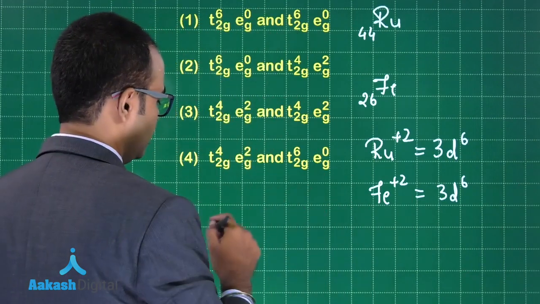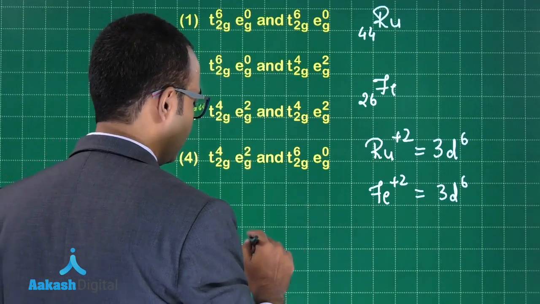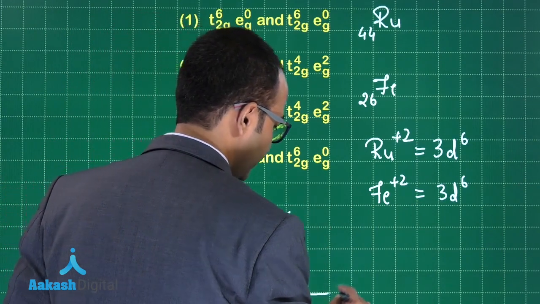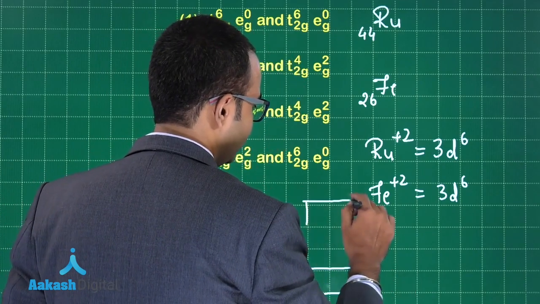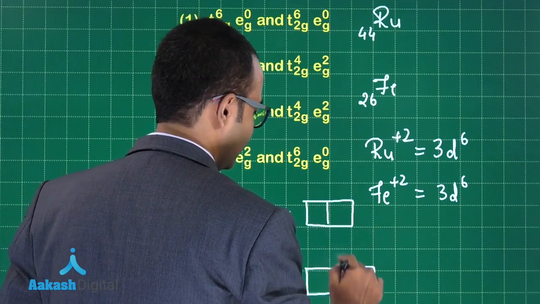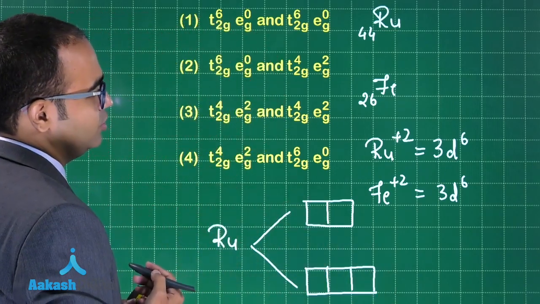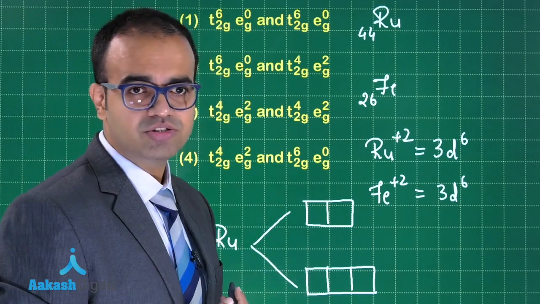Let us split the orbitals, guys. So we have 3 orbitals over here which are t2g and 2 orbitals over here which are eg, right? So 6 electrons, strong ligand field, right? So how will I distribute the electrons?